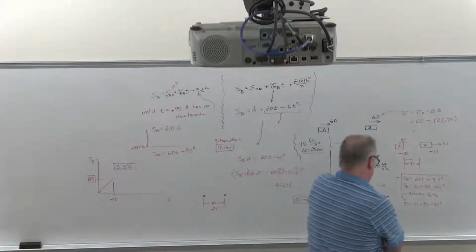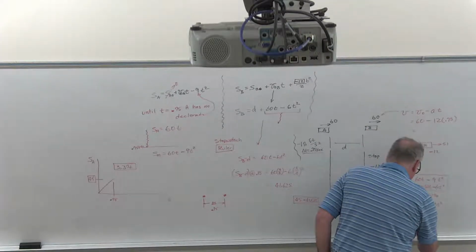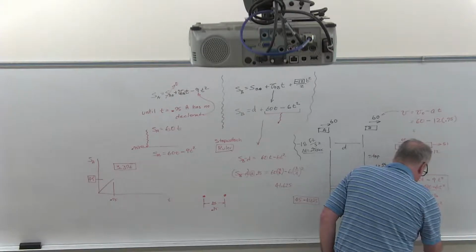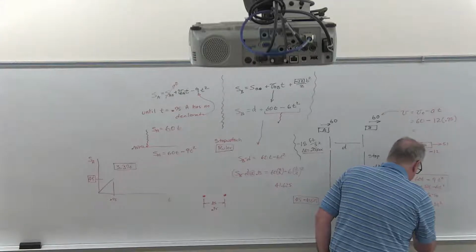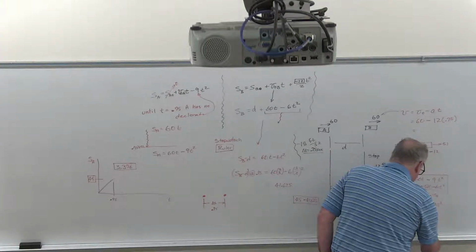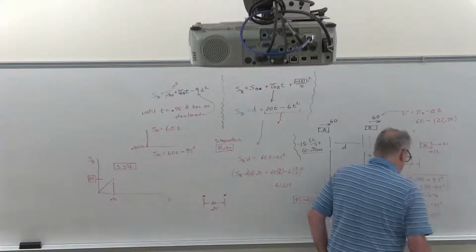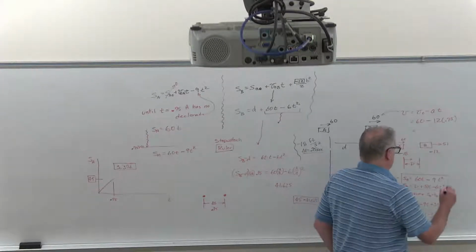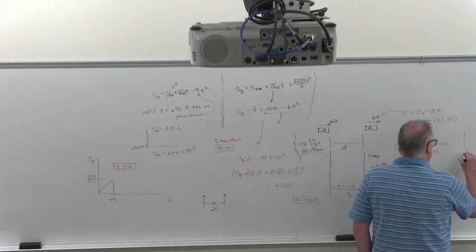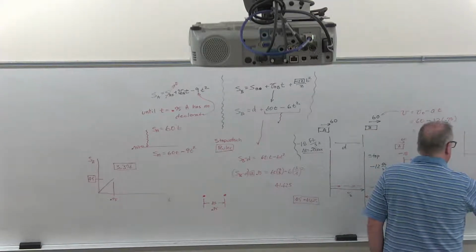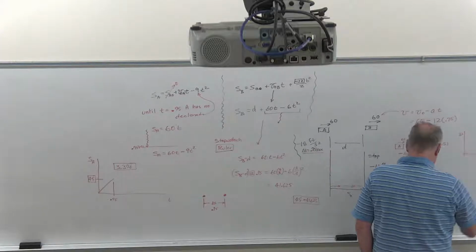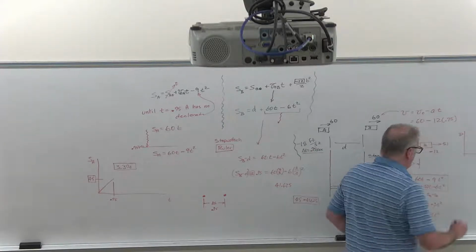But if I move this to the other side, maybe I don't run myself in circles. Move this to the other side. This becomes 9t minus 3t squared. So if I look at this, t versus d, I start with this.